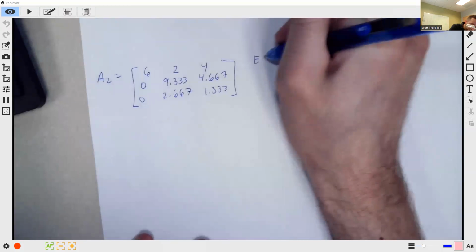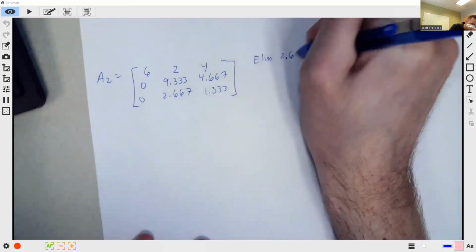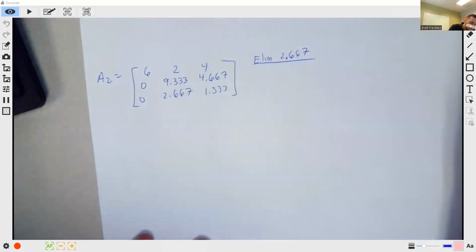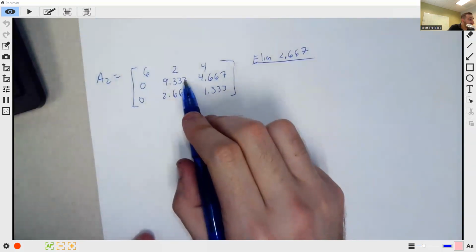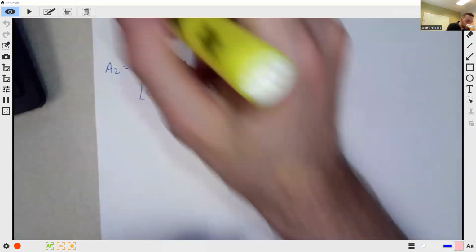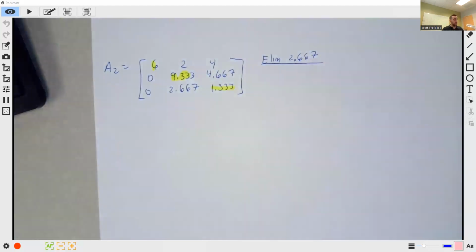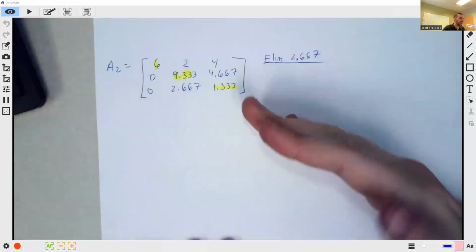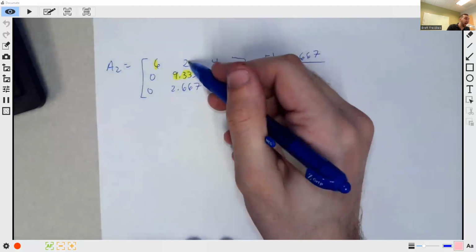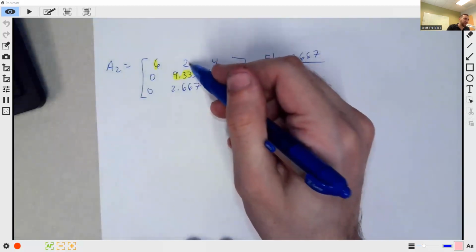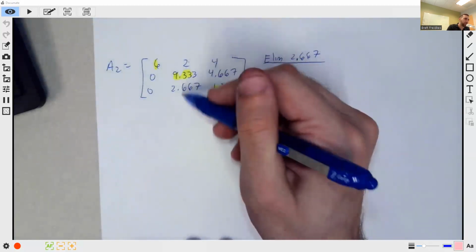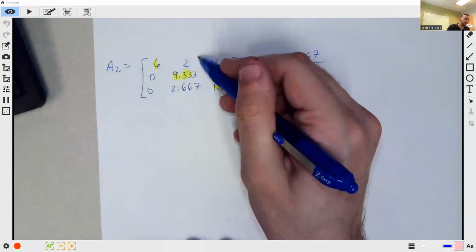Now what we're going to do is eliminate 2.667. So we need to multiply the second equation now, because we're always going to use in that column to eliminate, we're always going to use the diagonal. So if I had a 6 by 6, it would always be the element along the diagonal. It wouldn't be the top one, because what happens is if you modify the top one, you would do E3 minus E1 modified.